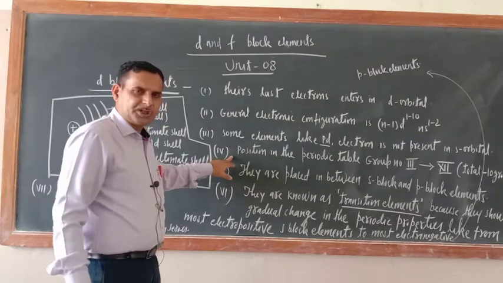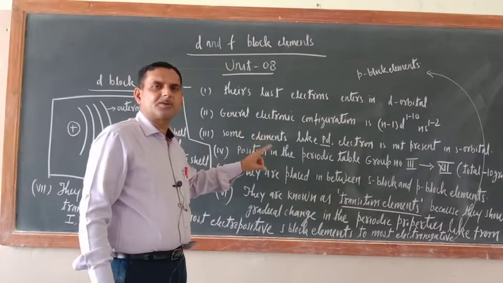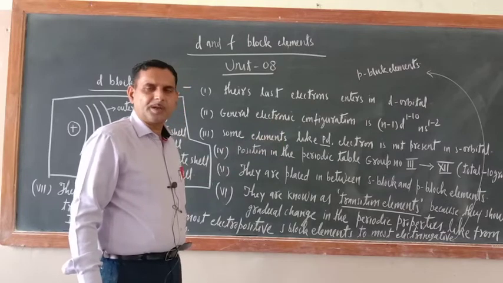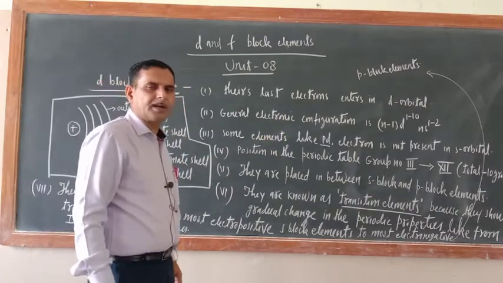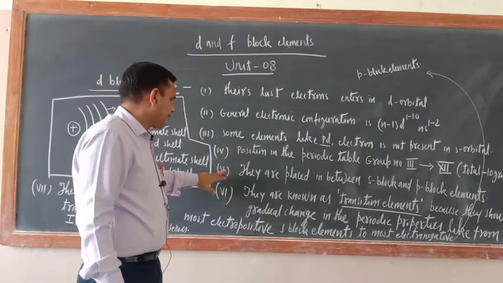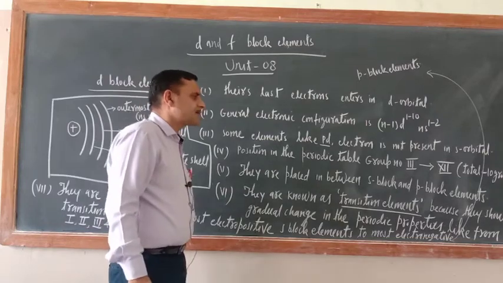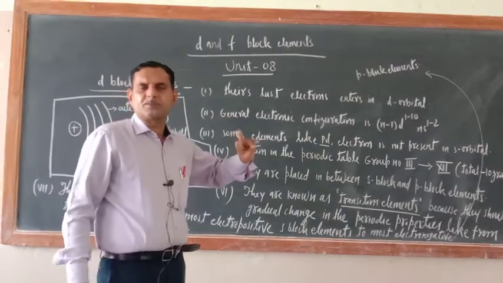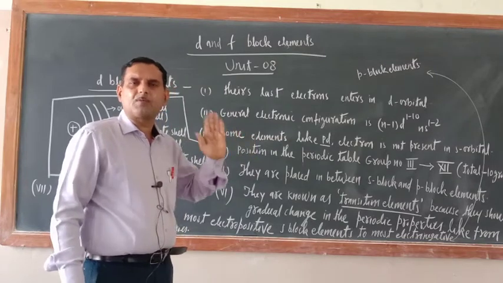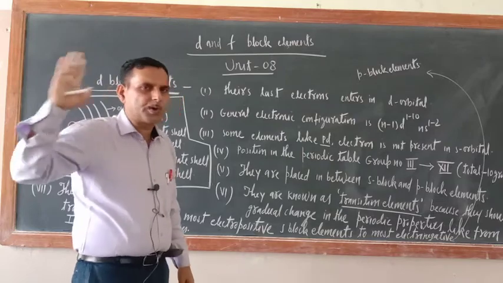Now what is their position in the periodic table? Their position in the periodic table is group number 3 to 12. So how many groups belong to the transition elements, the D block elements? 10. Fifth one, they are placed in between S block elements and P block elements. S block elements are present in group number 1 and 2. P block elements are present in group number 13 to 18.